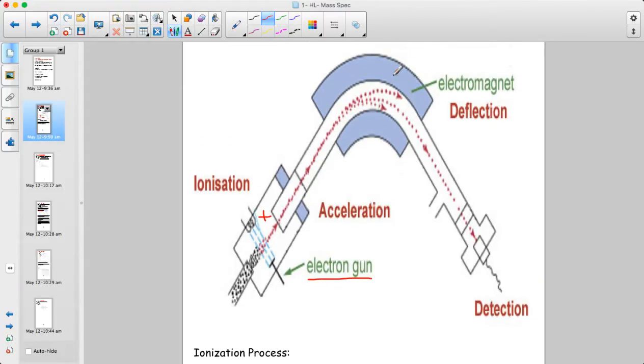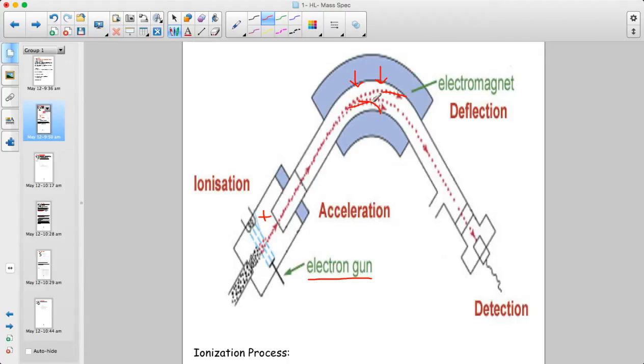And then there's a giant electromagnet which pushes on them perpendicular to their motion and causes them to, as they're moving through it, deflect or curve off in this direction. Now, if the particles are really heavy, then they won't be affected much by that electromagnet and they might crash into the walls. If the particles are really light, they might swing off and crash into this wall.